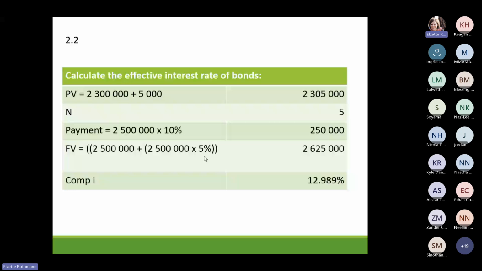Okay, so I hope all of you know how to do the amortization schedule. But if you've now calculated this on your calculator and you're sitting there with your screen showing 12.989, if you then press the AMRT button, which stands for amortization, it's on the Sharp calculator.